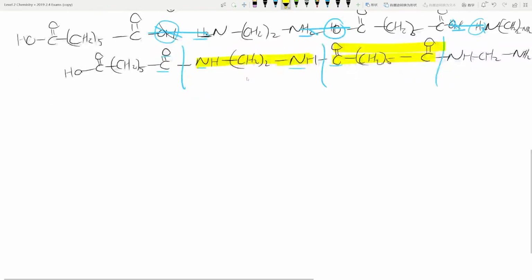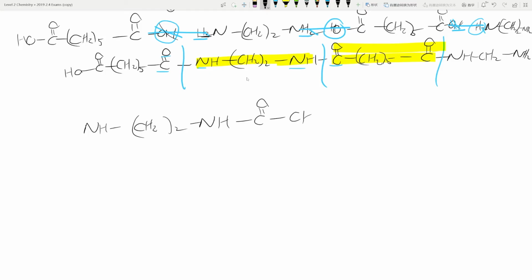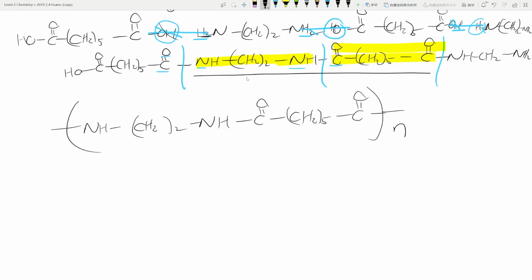So for this particular question, the polymer will look like this, with C=O, N. This thing in the middle, I've just copy pasted it in, and it's being repeated n times.